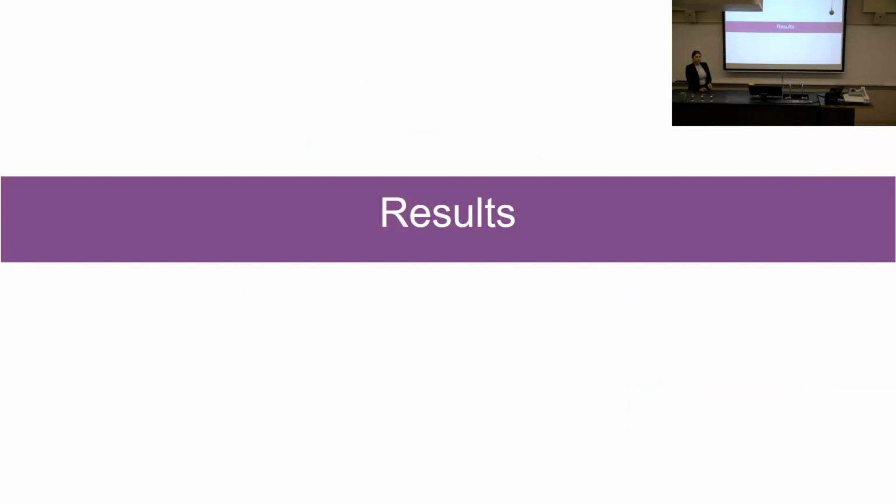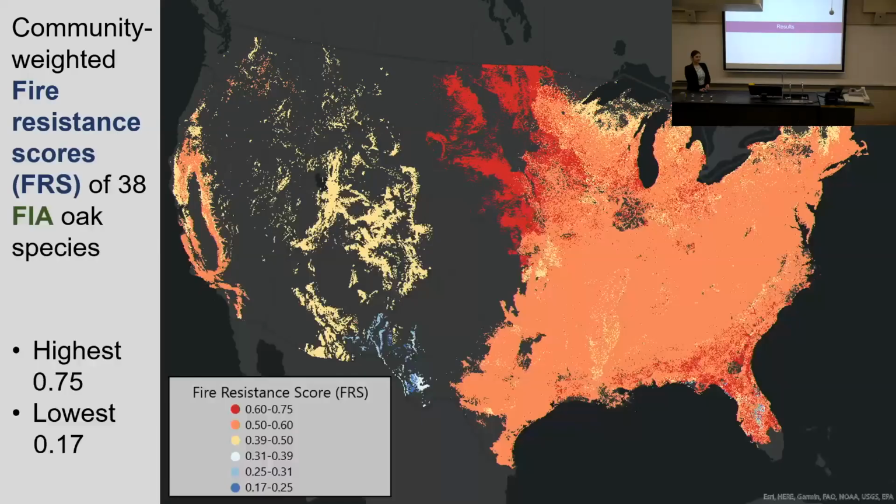So now moving on to the results. So here are the results of our community weighted fire resistance scores of those 38 Forest Inventory Analysis species shown. And on the high end, our highest score was assigned a 0.75 to Quercus bicolor, or the white swamp oak, which you're seeing in this northern part in Minnesota is found.